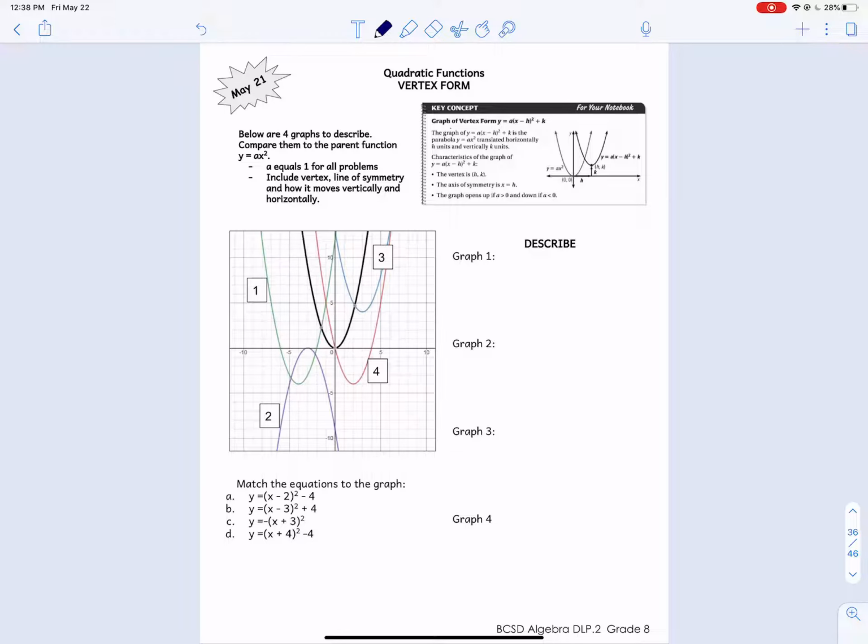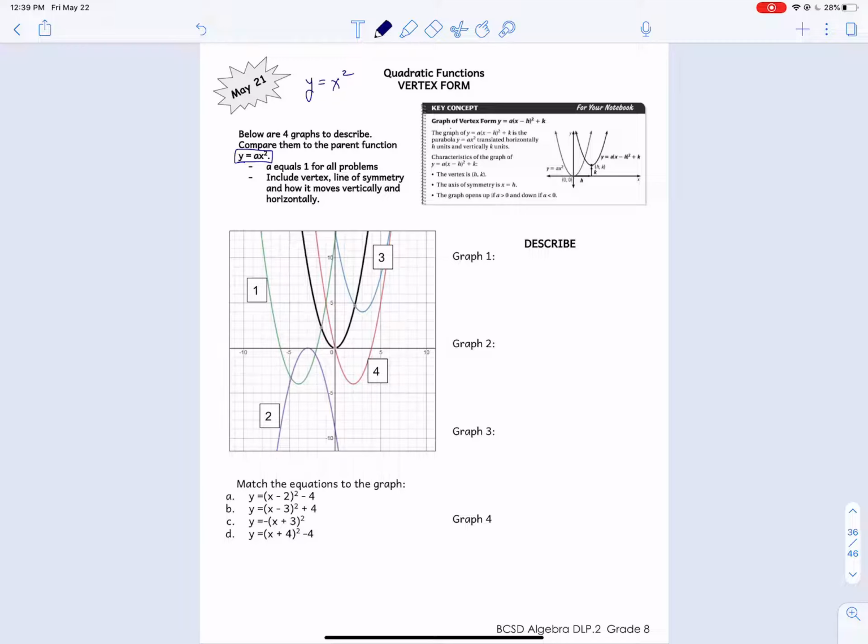Okay, so the base parabola is y = ax². The most basic parabola is just y = x², and you can graph it on Desmos. It is the black line on this graph. It's just saying that a = 1, so we don't even need to write the 1 or the a.